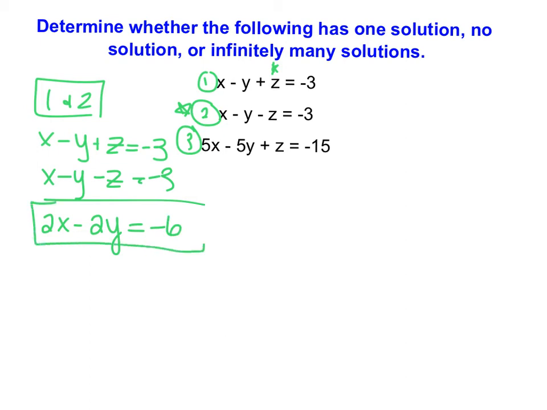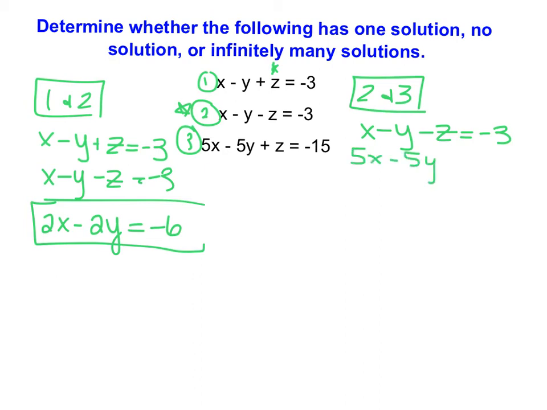So I have one equation with two variables here from combining equations 1 and 2. Moving along, I'm going to combine equations 2 and 3, because again, all I have to do is add them to eliminate z. So I have x minus y minus z is equal to negative 3, and then I have 5x minus 5y plus z is equal to negative 15.